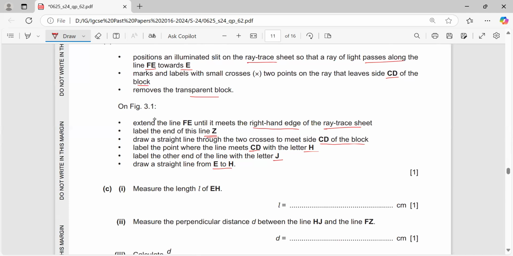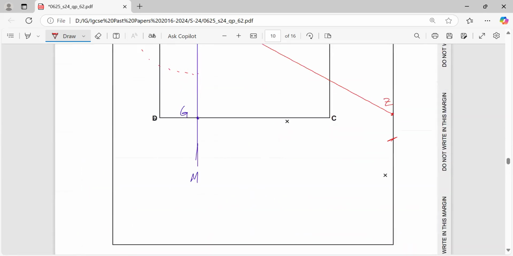Draw a straight line from E to H. Okay, first of all, letter H, where you see these crosses.